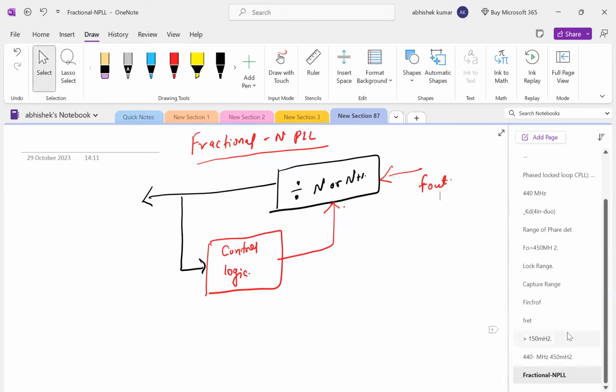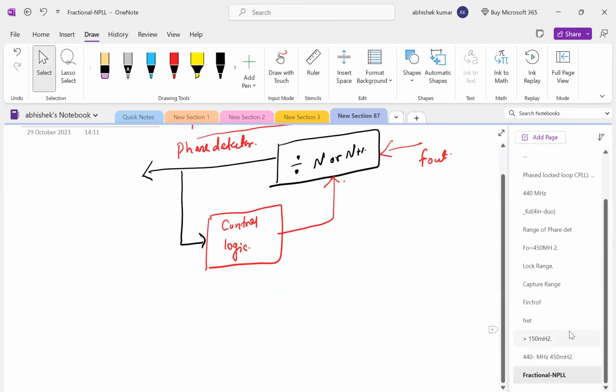Here we have a phase detector and a control logic. We are using a high speed dual modulus divider using N and N plus 1, and control logic counts the cycles of output. So we have an average division ratio here.